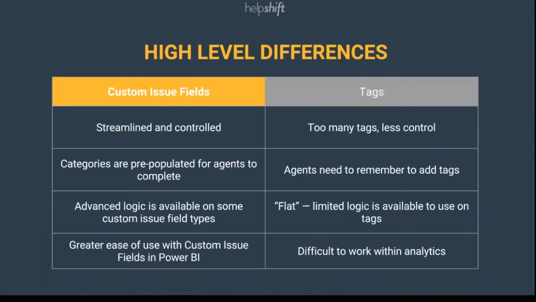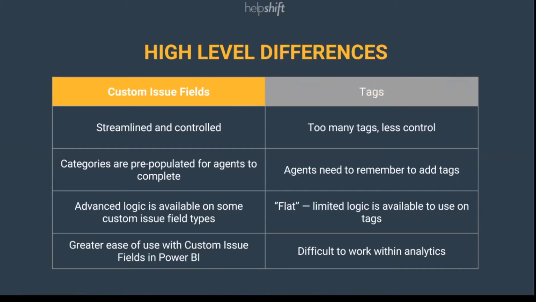So what are the main benefits and differences between tags and custom issue fields? At a high level, you're going to find overall as admins that you have much more control in managing your agent workflows, whether that be via automations, routing, or smart views. Your agents are going to find completing the tasks that they need to do on each issue to be much more straightforward. Agents no longer have to remember a long list of tag names, and onboarding and training for new agents is going to be more intuitive.